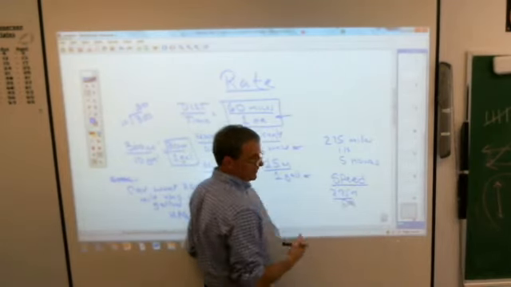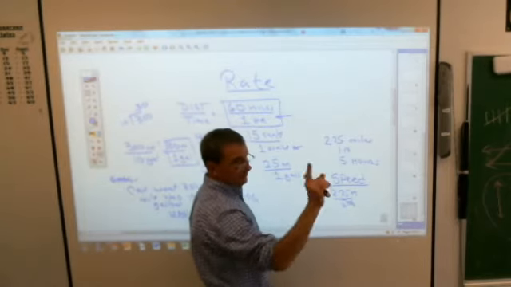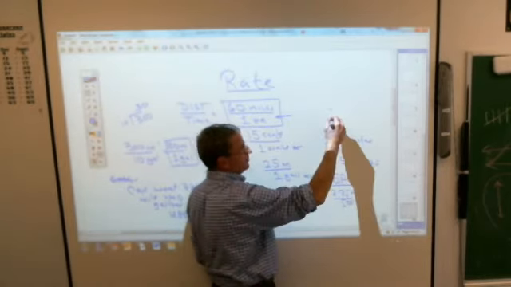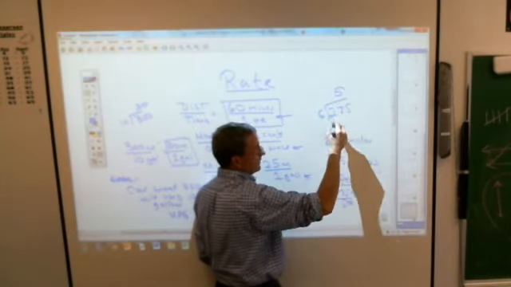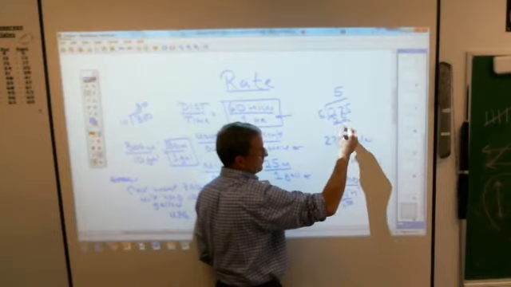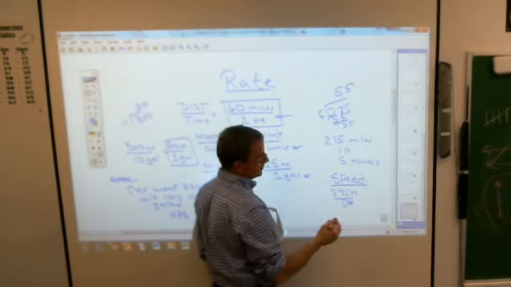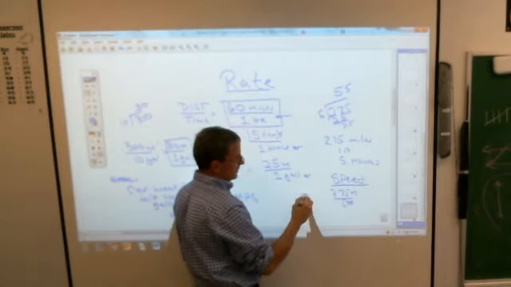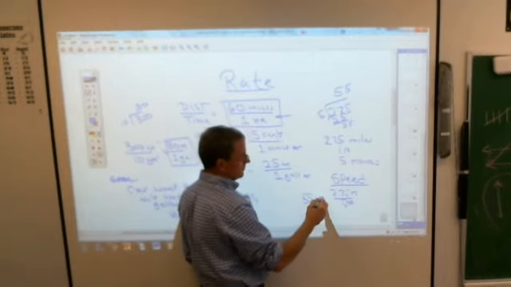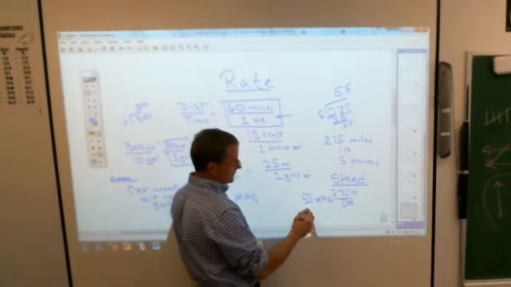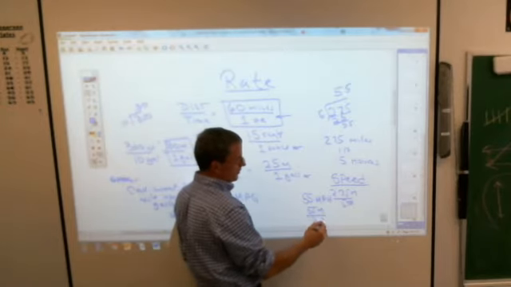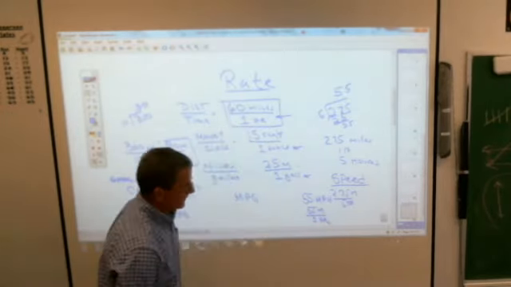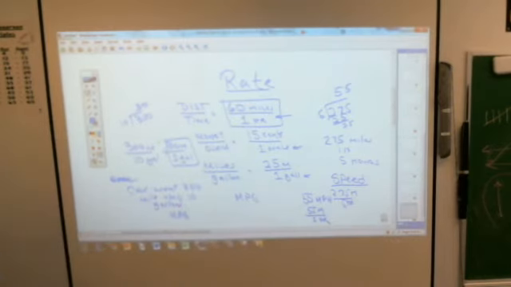We actually do that division, because we want to know how far he goes for every hour. So you take your 275 and divide it by 5. And Bob is cruising right along at 55 miles per hour. We're going the speed limit. Nice job, Bob. 55 mph means the same thing as 55 miles over 1 hour. That's what they're talking about when they talk about ratios and speeds.